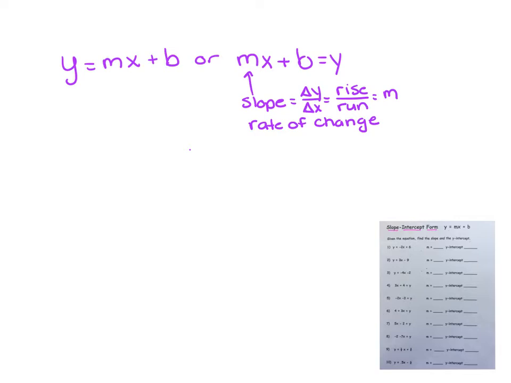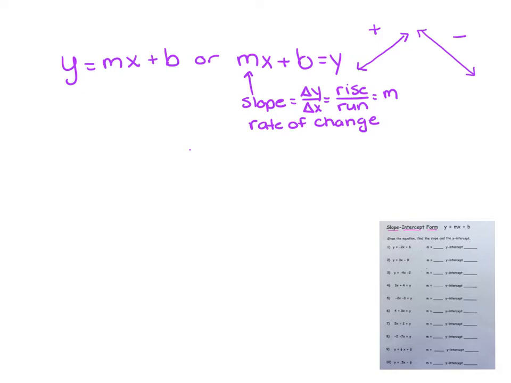M, slope, can be positive, and we know that pitches upward, or the slope can be negative, and we know that a negative slope pitches downward as we move right to left. What else do we see in this equation?